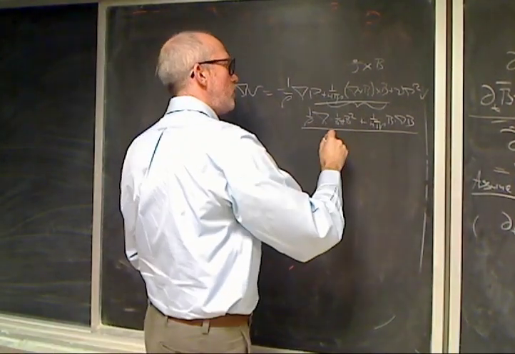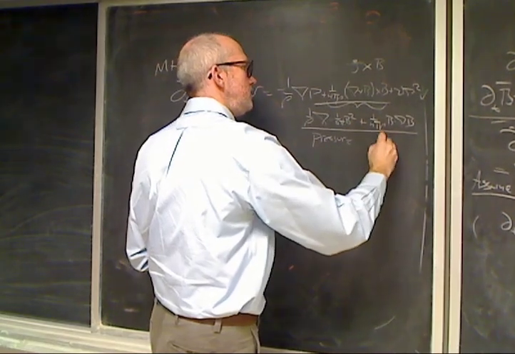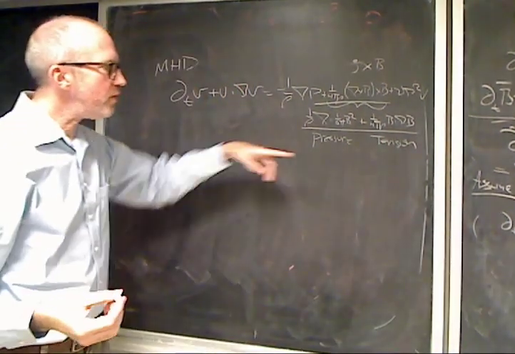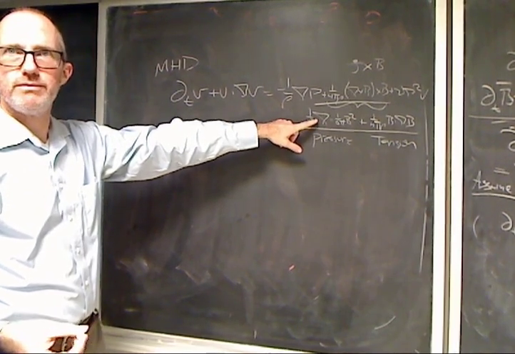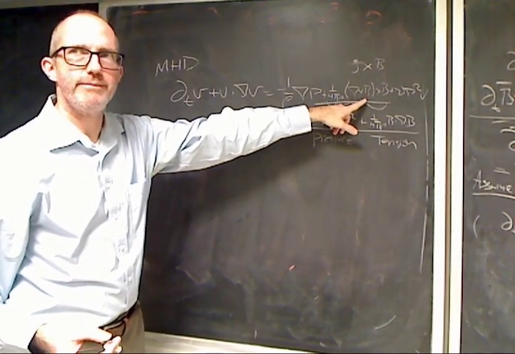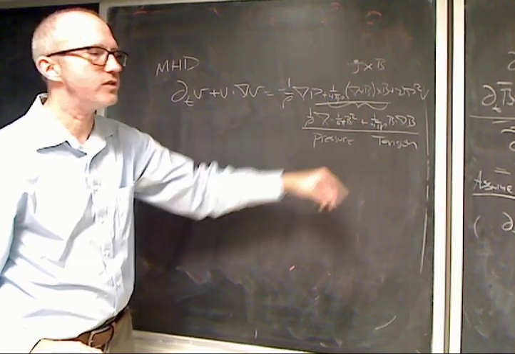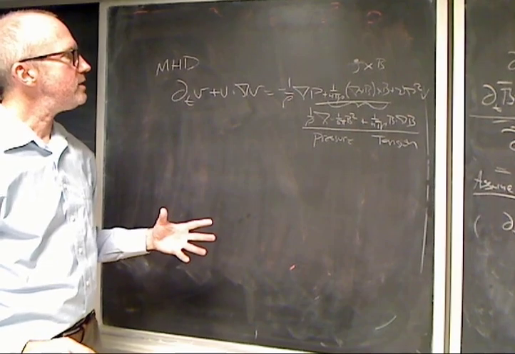In this formulation, we think about this as pressure and tension. And I professionally think about it this way far more often because it's much more intuitive and it's easier to do math with. This triple cross product is kind of hairy to do any math with. All the identities that I know involve making it into this one first. So that's the MHD equation.